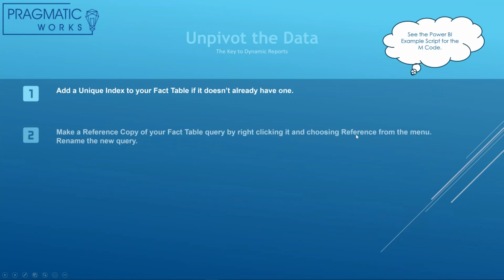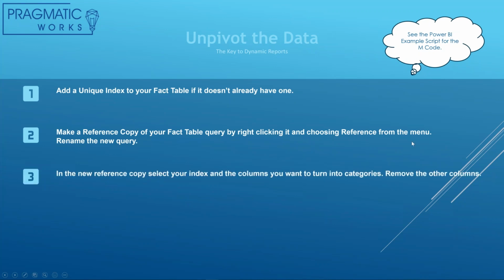This one does have a unique index column. We're making the reference copy. We've renamed it. And now we're going to select that index column and the columns we want to turn into categories. So that means, say I have a sales department, maybe a sales group, maybe region, and maybe I'm even a manufacturer, so I have plants where things are made.